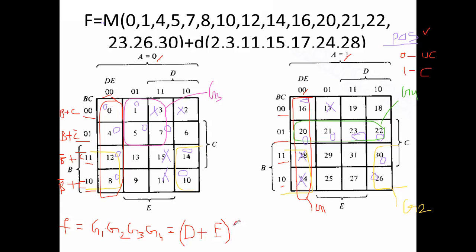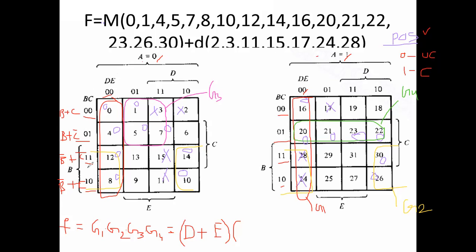Next, go to group 2. What is group 2? 12, 8, 14, 10, 28, 24, 30, 26. If you observe, this group 2 also belongs to A equal to 0 and A equal to 1. So we are not getting the A variable, because A dot A bar is 0. Totally the A variable is not getting here. So now try the BC variables.